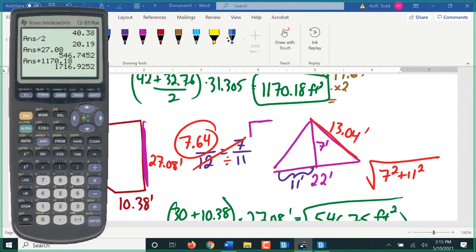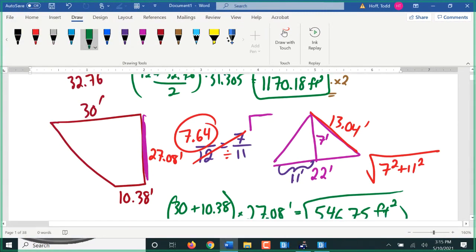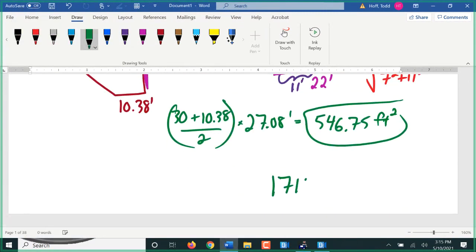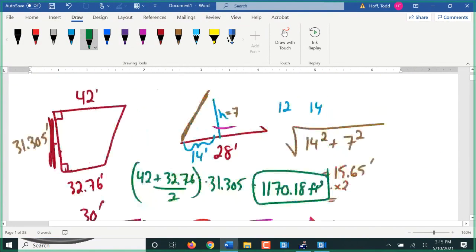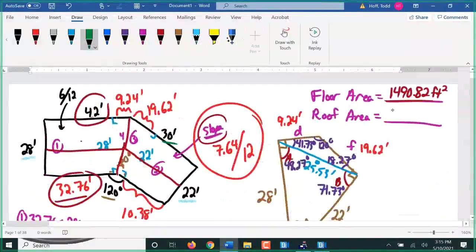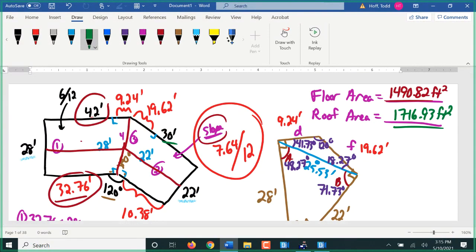It gives us 1716.93 square feet of roof area. That is the total roof area. Any questions there?